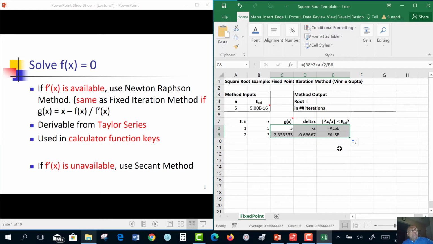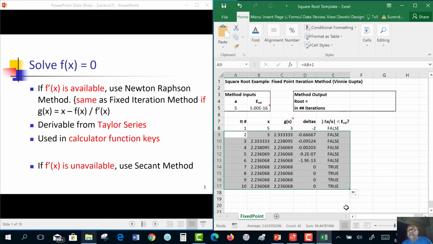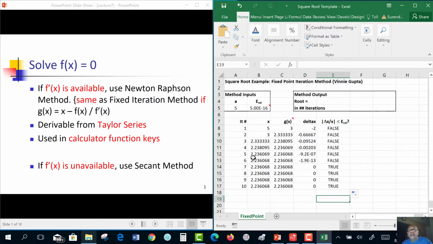And let's say I am going to say that any root value is going to be guaranteed to converge. This method, fixed iteration method, is guaranteed to converge in 10 iterations. So let's go to 10 iterations. You can see it already converged in the 6th iteration for this value. Let's suppose we use some bizarre value.